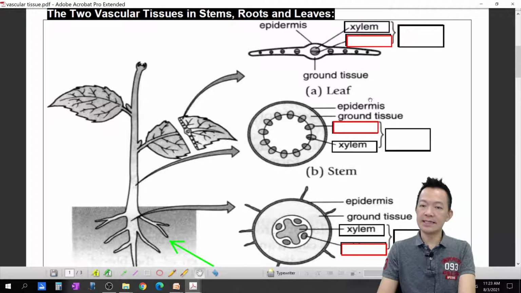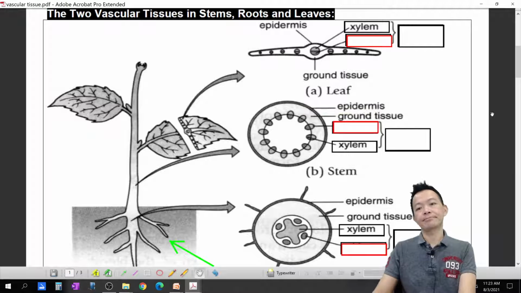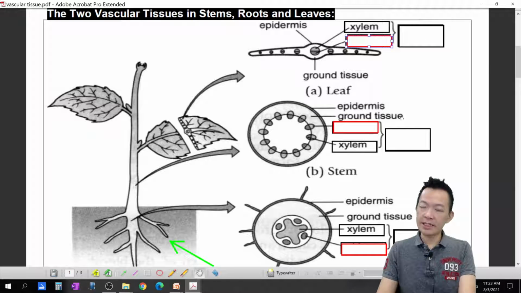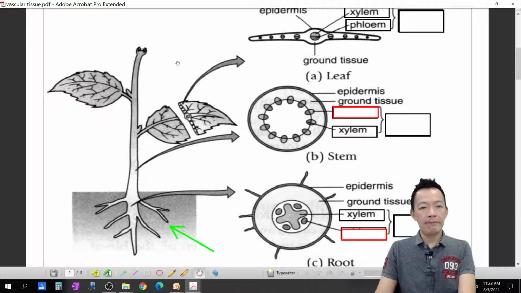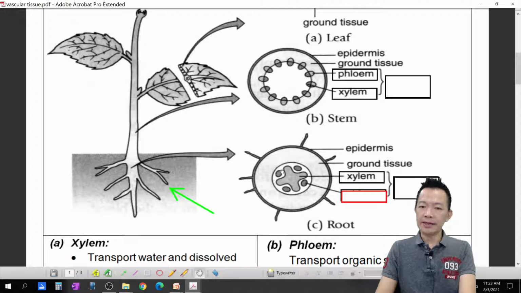Facing upwards. And when the plant has photosynthesis, the organic substance will be transported downwards, and where's the phloem tissue? Facing downwards. Pass through the stems, where's the phloem tissue? It's just beside the xylem tissue, facing outwards. It's the same in all the books, nothing to worry. And come to the root, facing where? Facing outwards, the phloem tissue.